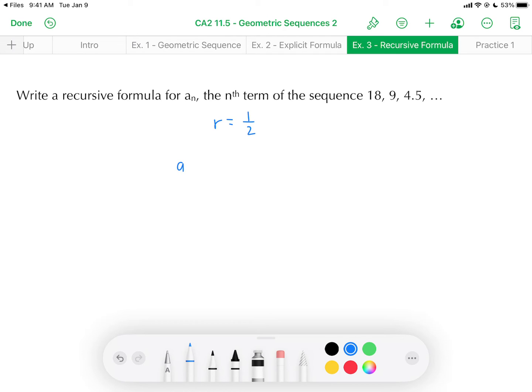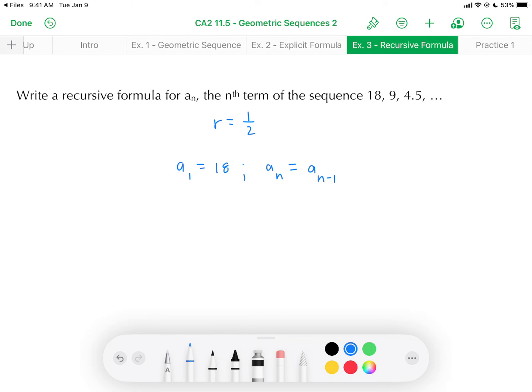So let's say for our recursive formula, we'll list out a sub 1 to be 18. And then if I want to find a sub n, what would that equal recursively speaking? No, that's more of explicitly. So again, recursive, you're defining this by using a previous term, right? Go ahead. A sub n minus 1.